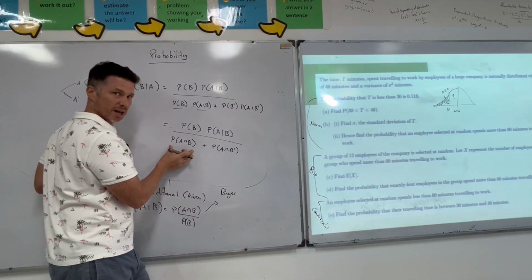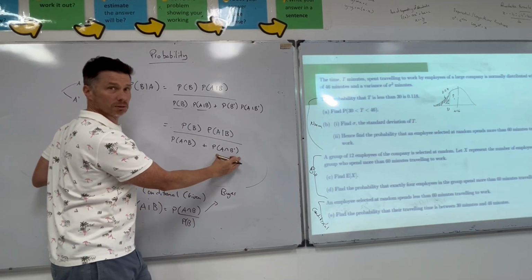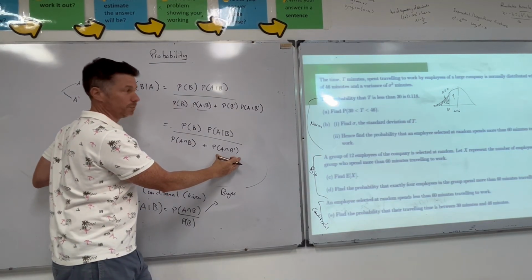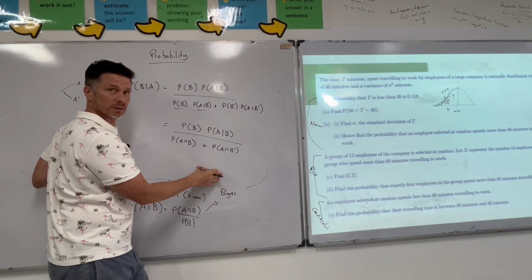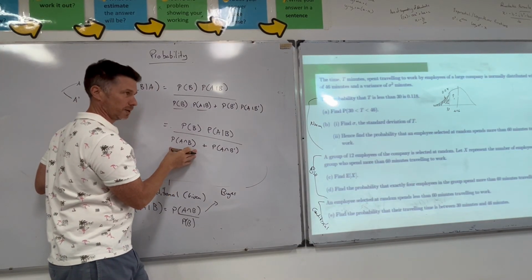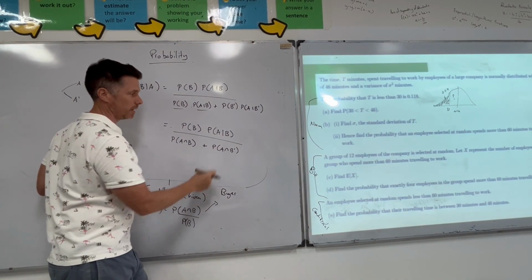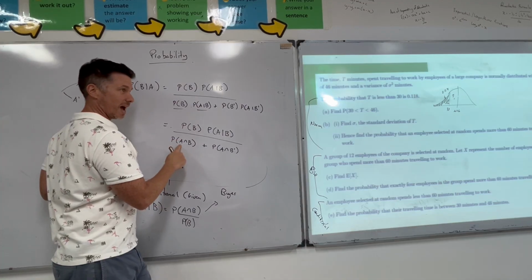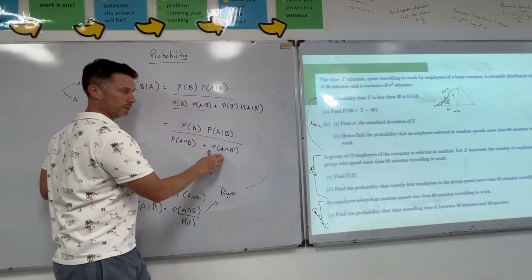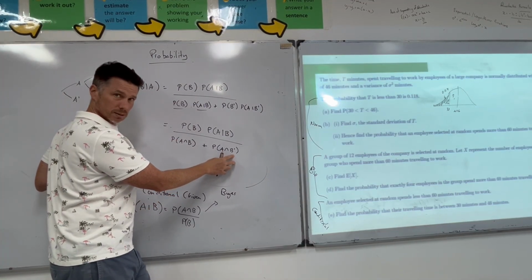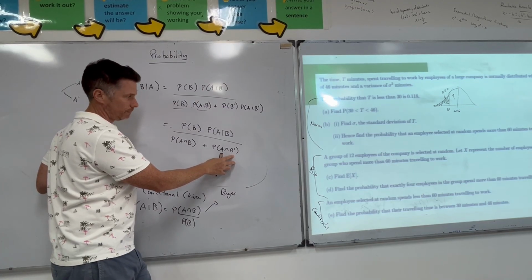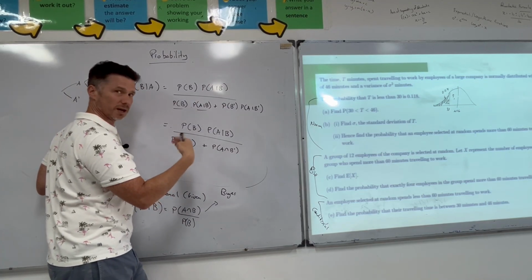Probability of A and B happening, and A and B not happening. This is the same application. Probability of A and B happening plus the probability of A happening and B not happening, because you want both probabilities to get the entire amount of probabilities.